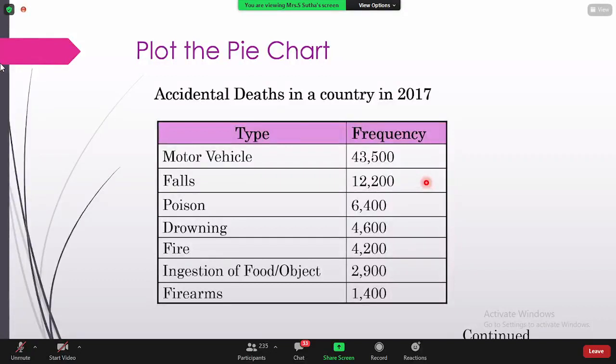What is the least number of deaths? Which type of accidental death is lowest? Firearms. Only 1,400 deaths, which is the least number of deaths, occurred in 2017 by firearms.